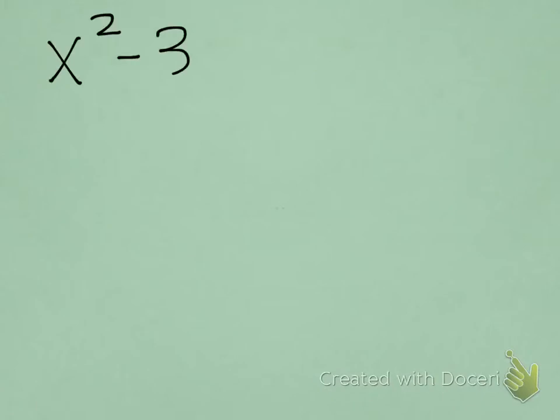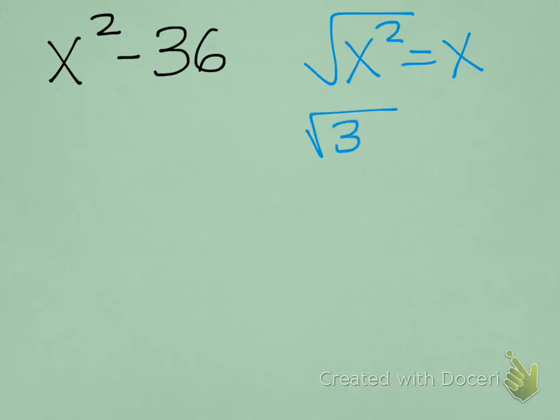X squared minus 36. Go ahead and try this example on your own and see if you get what I get. Okay, so the square root of x squared is x, and the square root of 36 is 6.